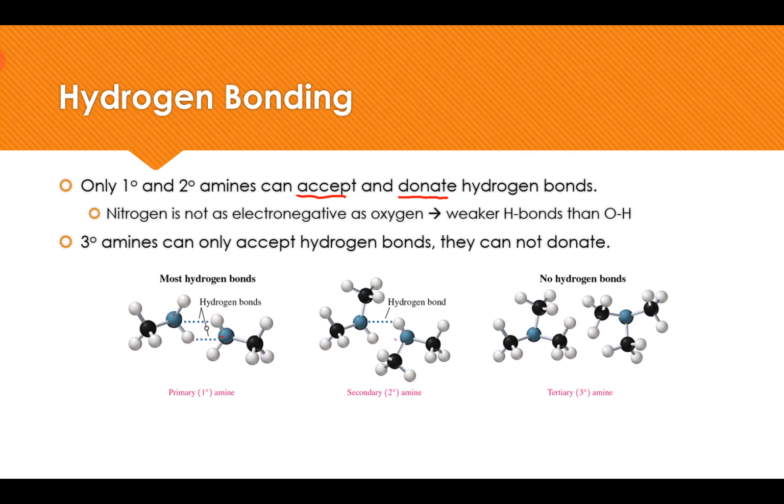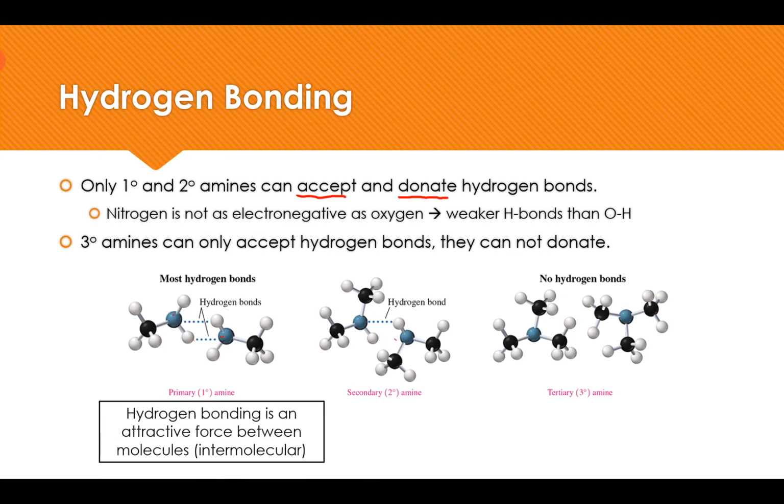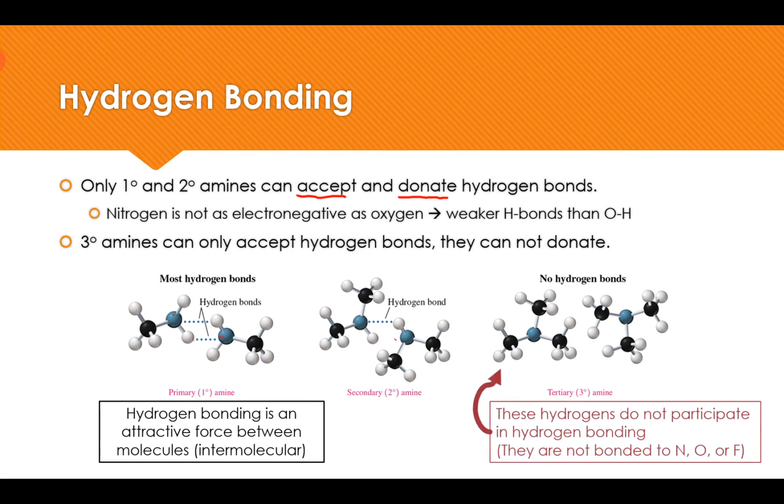These are still weak intermolecular forces compared to the covalent bonds that are, of course, holding the molecule together. So that's showing you that these can do hydrogen bonding because we have the N bonded to the H, and these cannot hydrogen bond because there are no H's attached to the N.